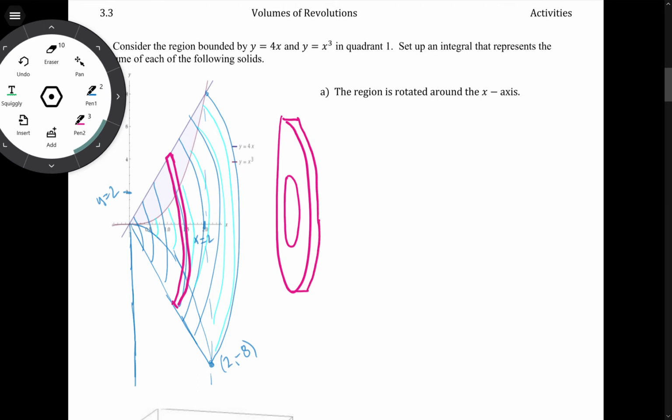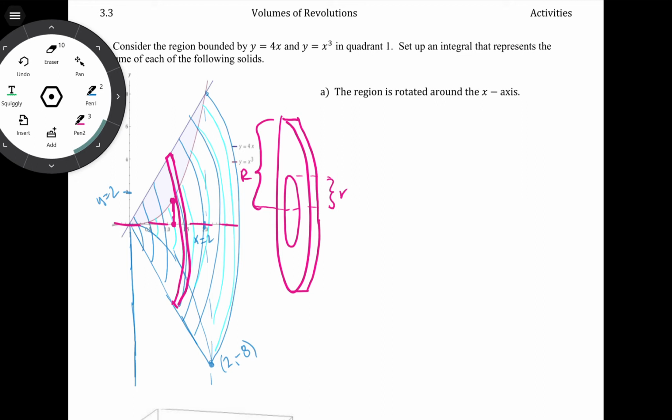And we will need to find the inner radius and the outer radius. So in my picture, the inner radius, we always start from the axis of revolution, which in this case is the x-axis. And we go up to, for the inner radius, we go up to the bottom curve. The bottom curve is going to determine the inner radius.